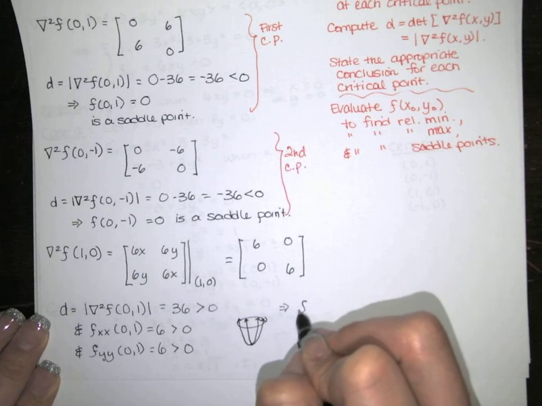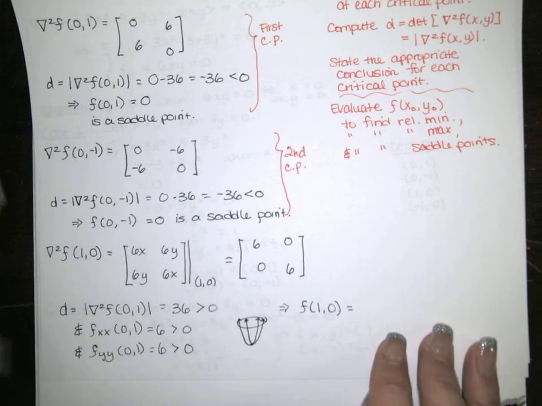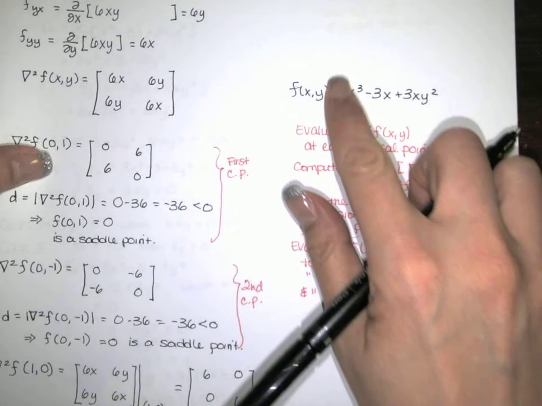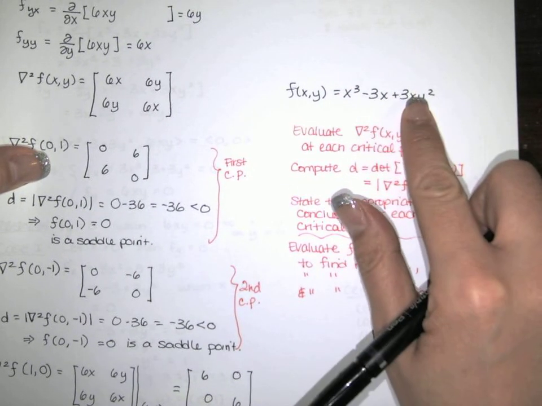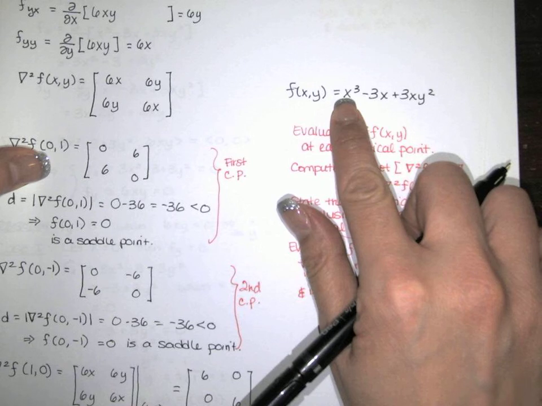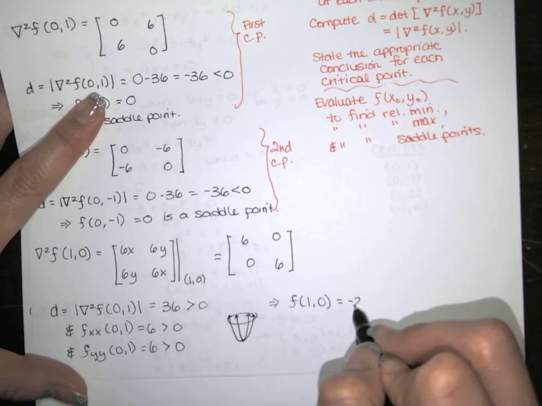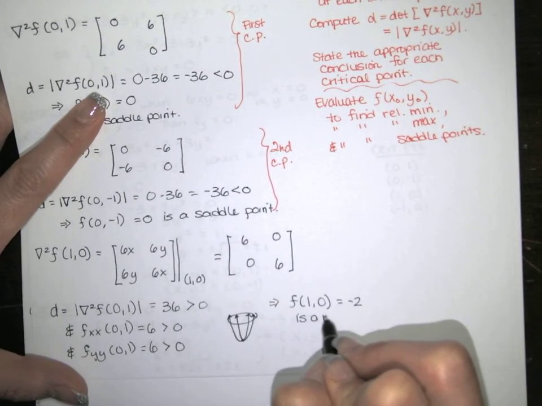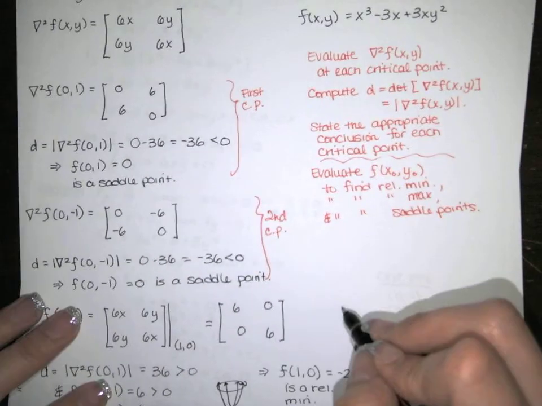So f of 1, 0, and if I replace x or y with 0, that's gone. We'll just have 1 cubed minus 3, that's going to be negative 2, is a relative minimum of the function. Okay, that was our third critical point.